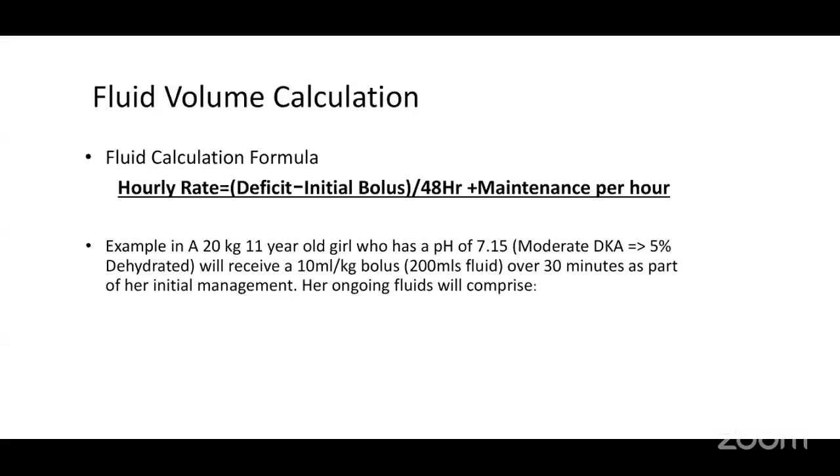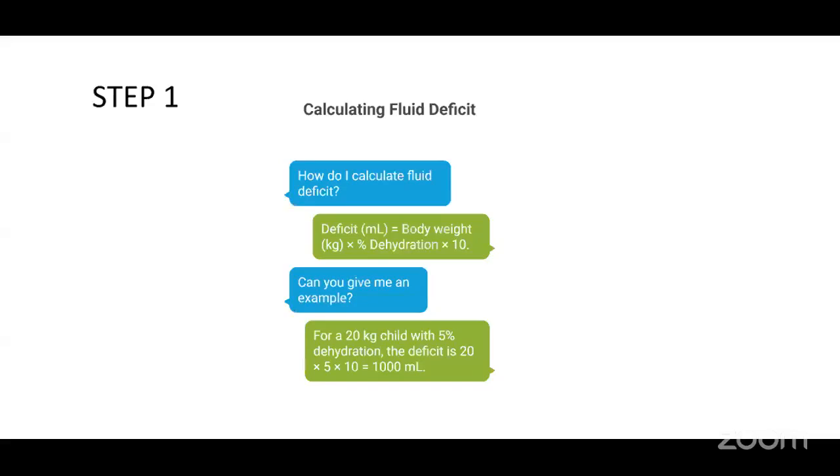Step 1: how do you first calculate the fluid deficit? Deficit in ml is body weight in kg multiplied by percentage dehydration multiplied by 10, like we've already discussed. In this 20 kg child, percentage dehydration is 5%, so the deficit is 20 times 5 times 10, that is 1000 ml.